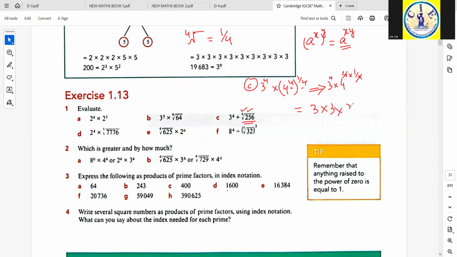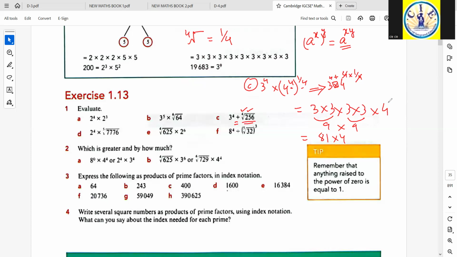3, 3, 3, 3 times 4. 9, 9 times that is 81 times 4. But since this was a plus sign, instead of multiplying them, I need to have a plus.